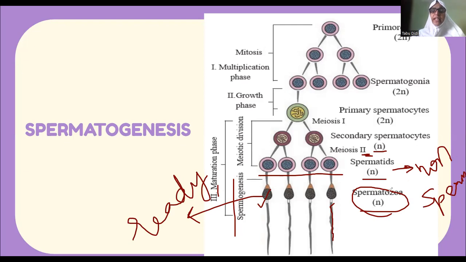There's a difference in functionality between the spermatozoa or sperm and the spermatids. Spermatids are non-functional at this stage. Once they acquire motility, they become the functional sperm, active sperm, or active spermatozoa. The chromosome state of the spermatid and the spermatozoa is n only.